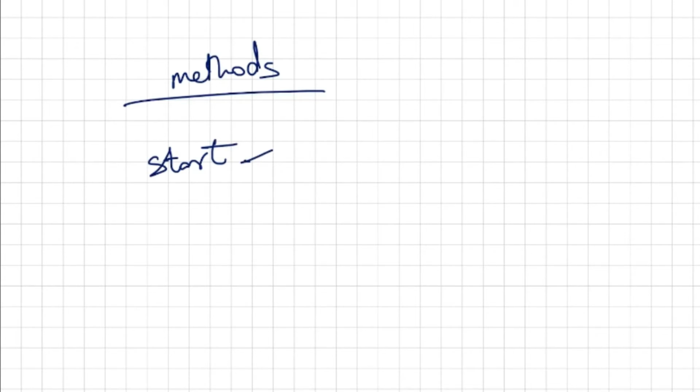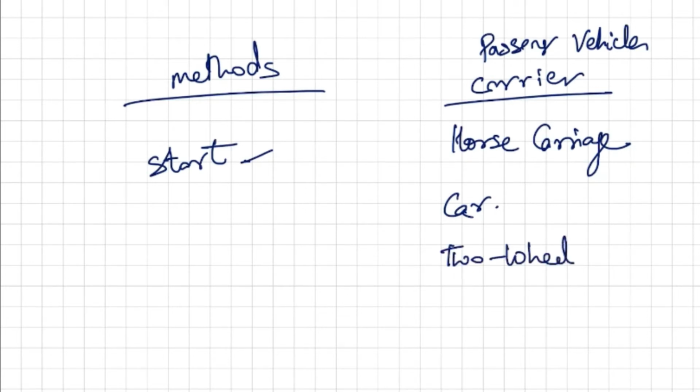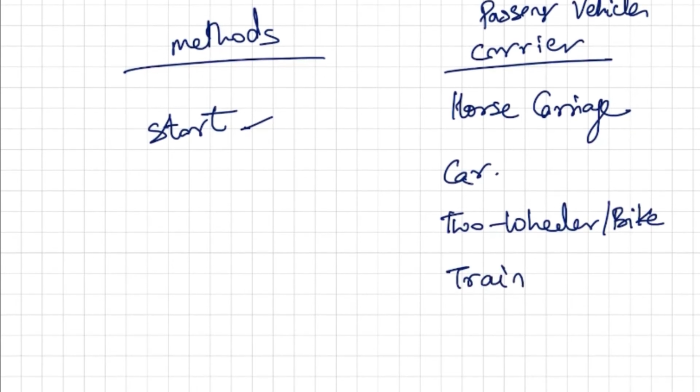Now of these types of carriers, passenger vehicles, we can have, for example, a horse carriage, a car, a two-wheeler like a scooter or a bike, a train, a ship, or an airplane.